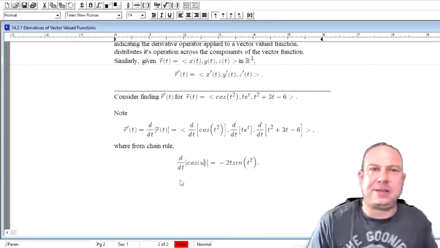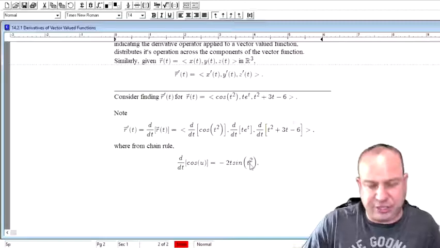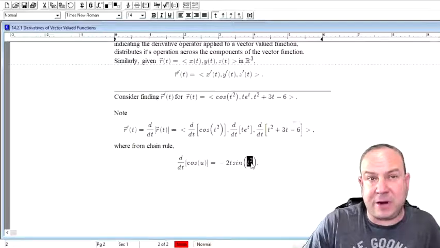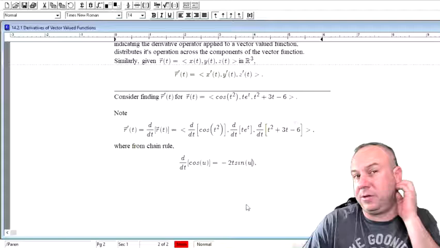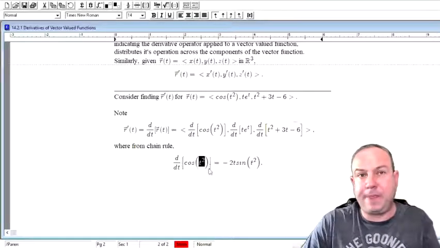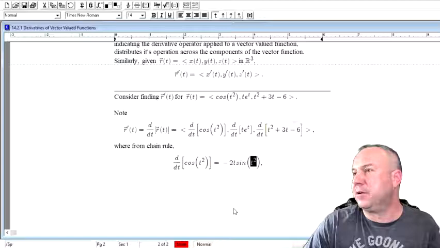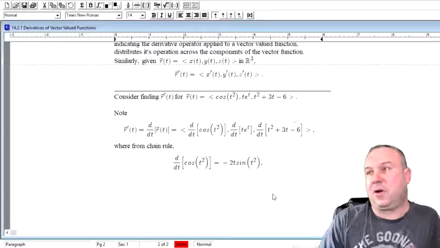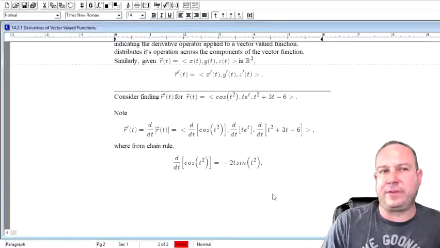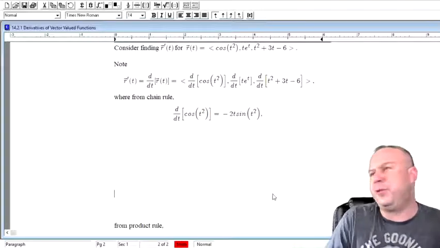So we end up with negative sine of u incorporating itself into our result. However, we don't want to report our answer in terms of u. We want to report it with that t squared in place of the u in our answer for the derivative. Remember, that's chain rule. You're Calc 3 students, you should be familiar with that.